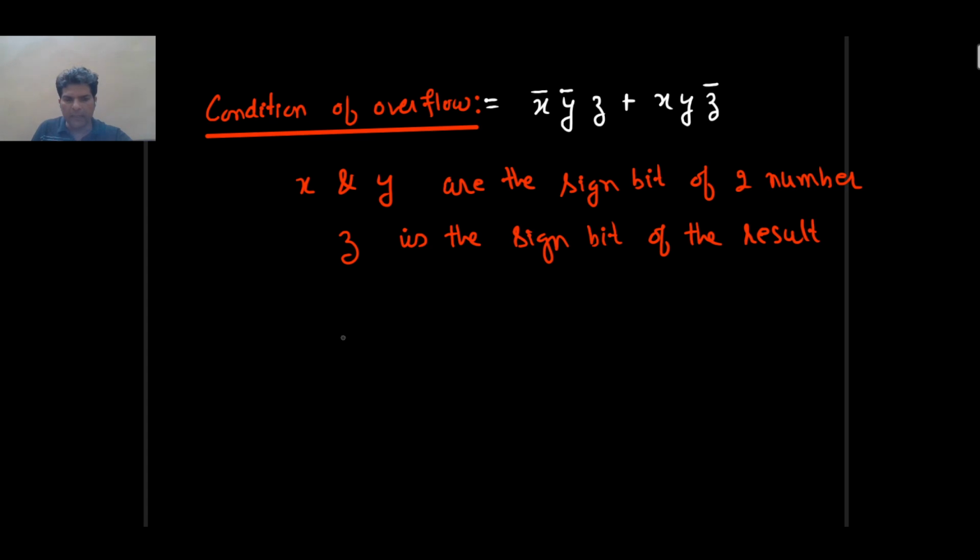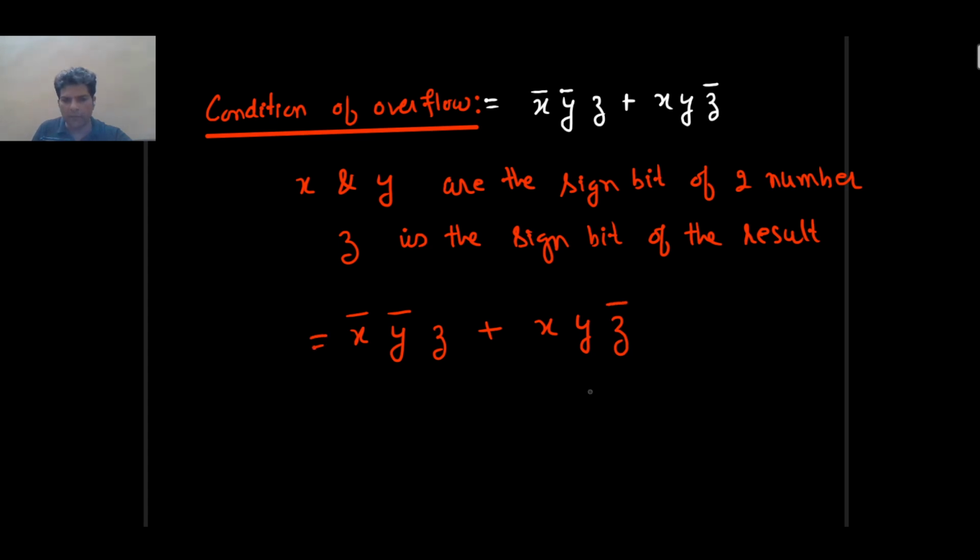So if x and y have the same sign bit, but the result z is opposite in nature, that is x bar y bar z, or if x and y are the same sign bit but z is opposite in nature, then that is the condition of the overflow.